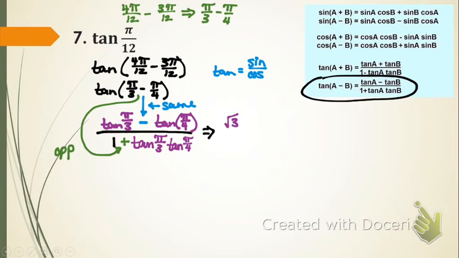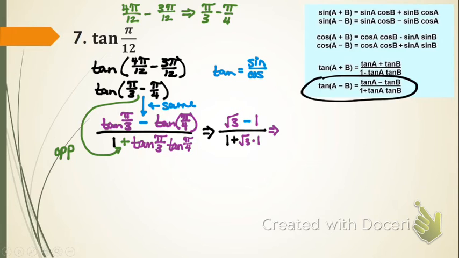So I have radical 3 minus, what is tangent of pi over 4? 1. Over, and I know this is 1 plus, and then I have radical 3 times 1. So far, so good? Okay.